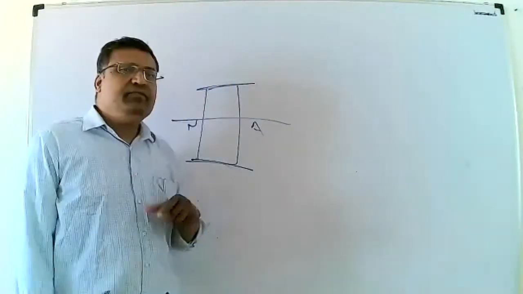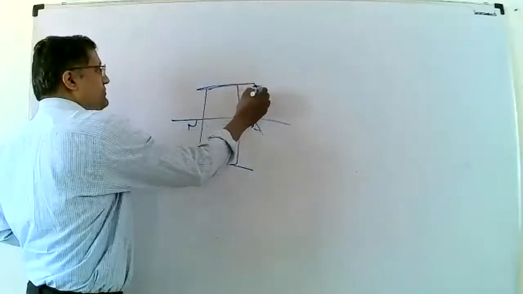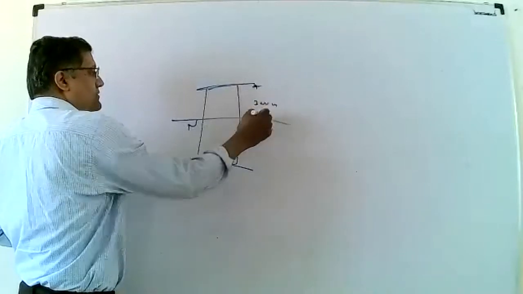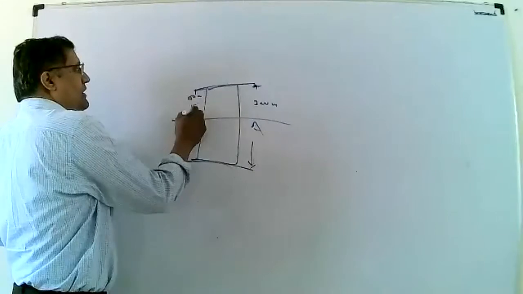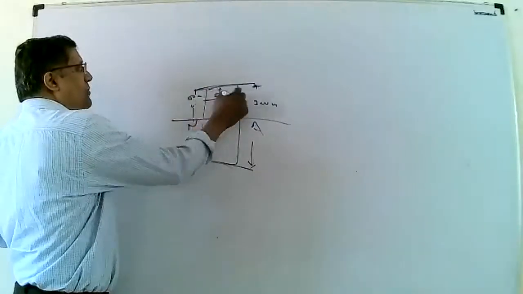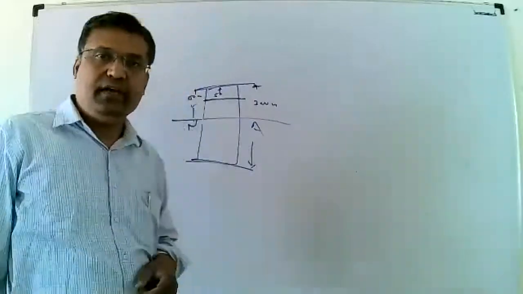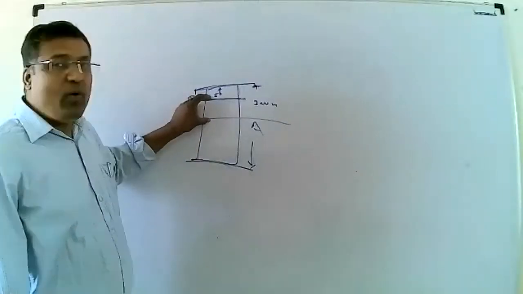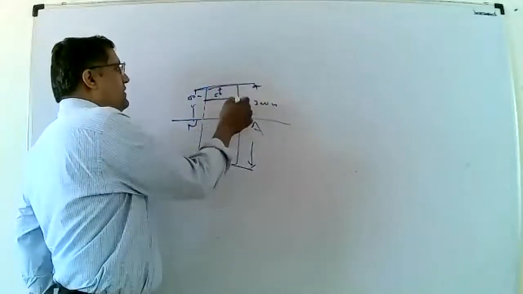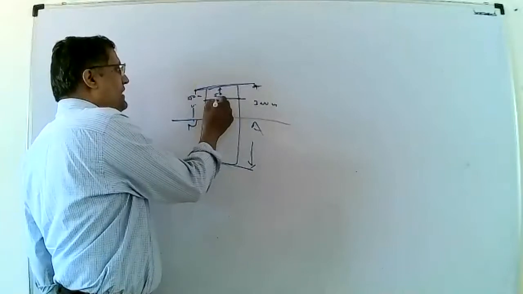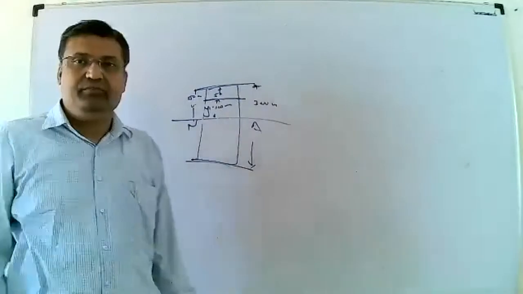Then suppose the distance is provided as 50 mm, and this is 300 mm, so this distance is 150. If 50 mm is provided from the top layer, then this also creates a layer, and y is considered from the neutral axis to this layer. That distance is 150 minus 50, which will be 100. That is the value of y.